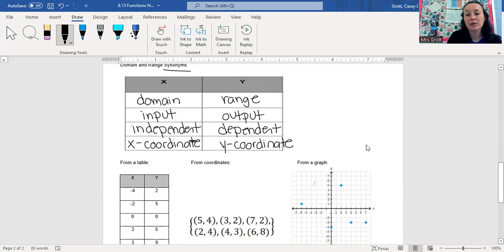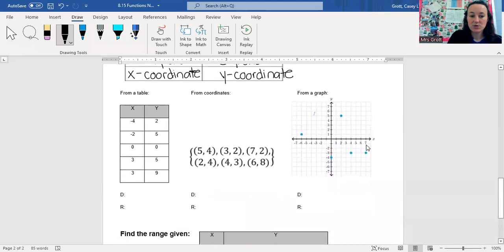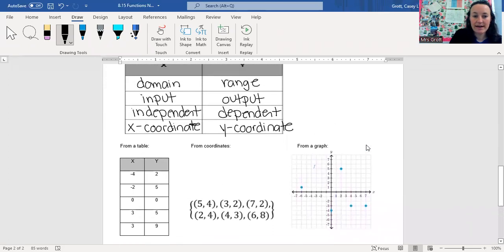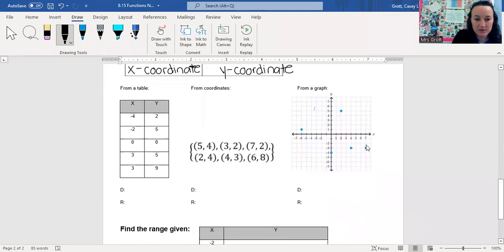The last thing that we are going to talk about is more specifically about domain and range. Okay, so we just said domain was our x values. Okay, so domain is going to be x. Range is going to be all the y values. So looking at the table, remember we did these funny squiggly lines, okay, to try to keep everything together. So what are all my x values?